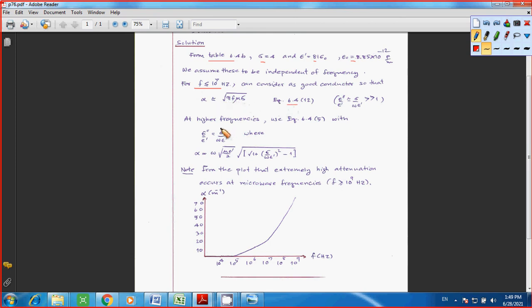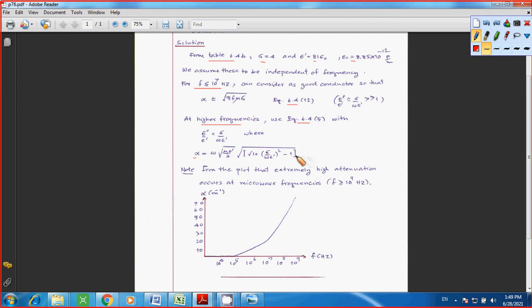That's equation 6.4-12, when epsilon double prime over epsilon prime, which is about sigma over omega epsilon prime, is much greater than 1. At higher frequency, from equation 6.4-5, you have alpha equal to this expression.